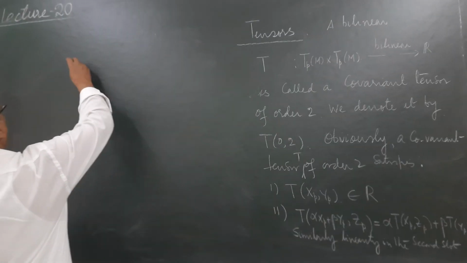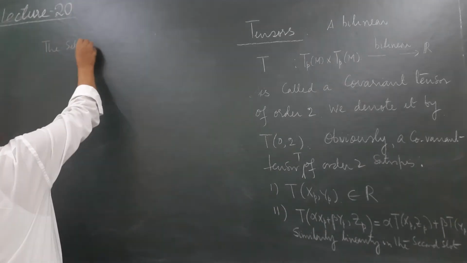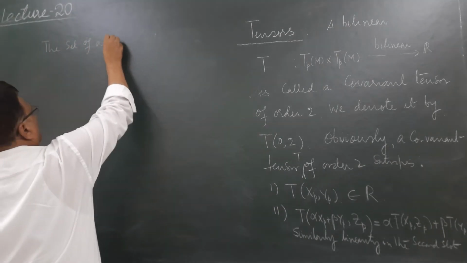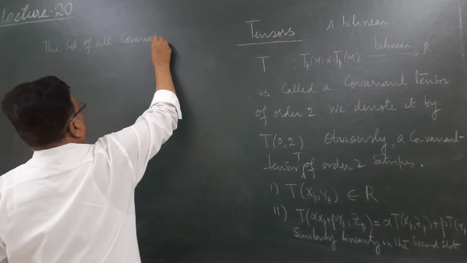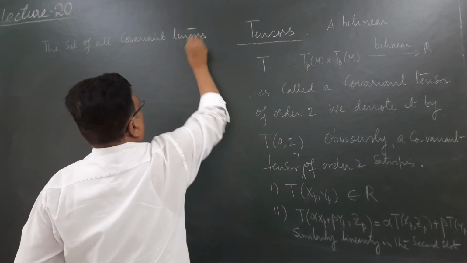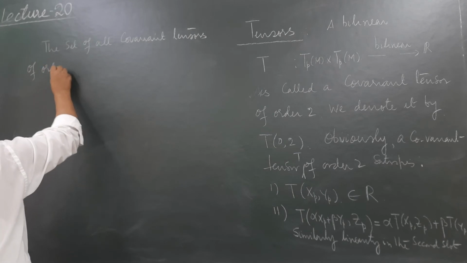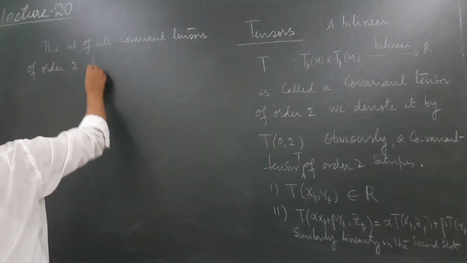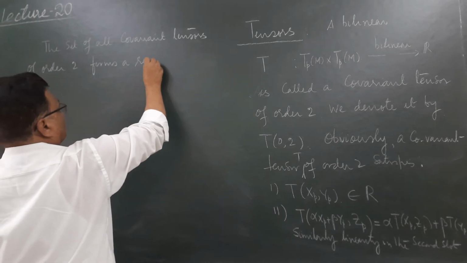So this is an observation: the set of all covariant tensors of order 2 forms a real vector space.